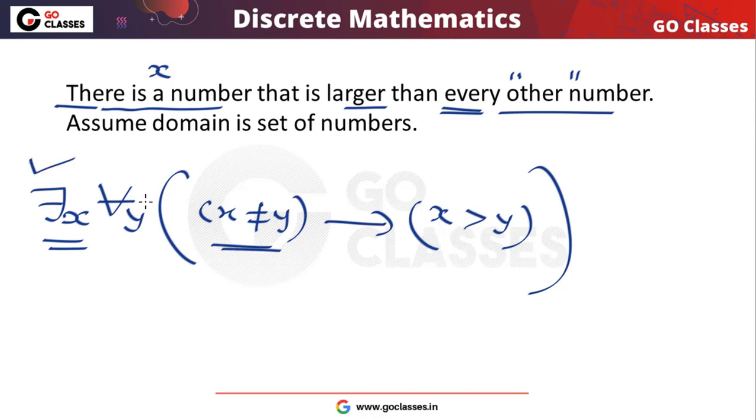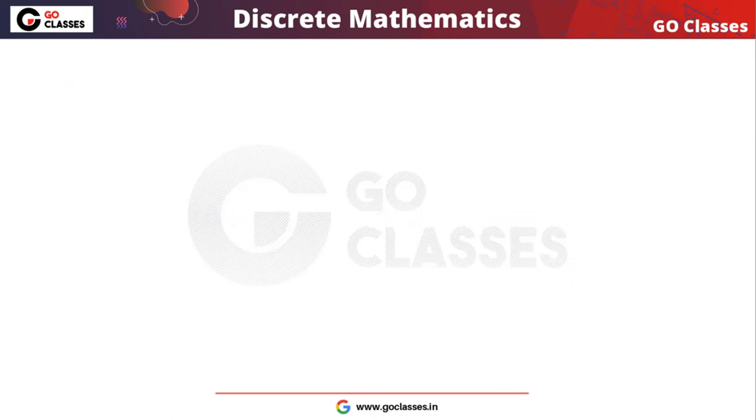So this x is greater than all the y which are not equal to x. There is a number that is larger than every other number. Let's see the next.